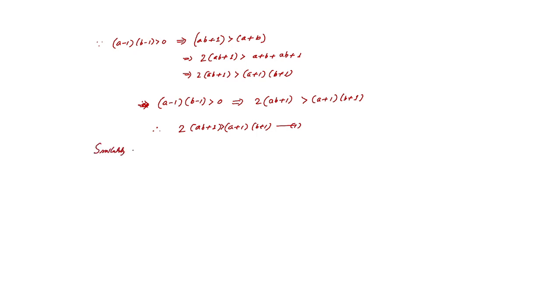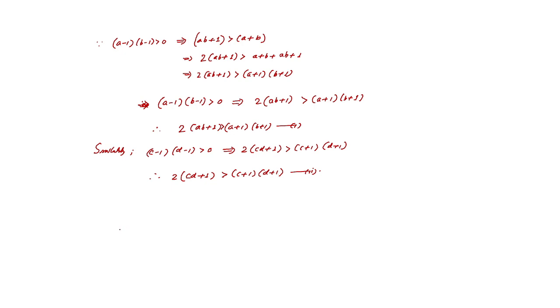Similarly, in the same way, we can prove that (C minus 1) into (D minus 1), that product greater than 0, implies 2 into (CD plus 1) greater than (C plus 1) into (D plus 1). That we take as Roman 2.